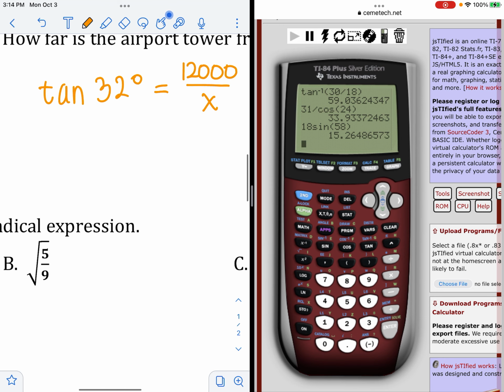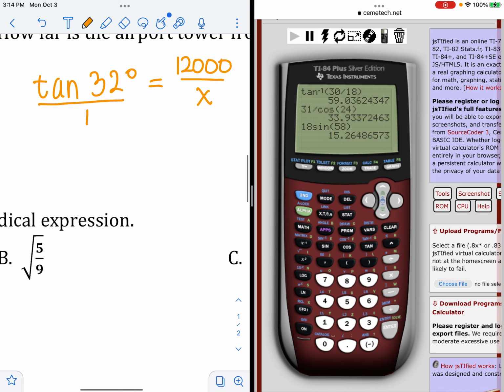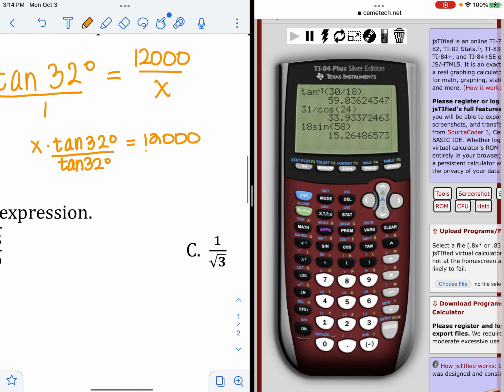Solving for X in the fraction. So I'm going to put my trig function over 1 and cross multiply. I have X times the tangent of 32 is equal to 12,000. And then to get X by itself, I'm going to divide both sides by tangent of 32. Put that in my calculator. 12,000 divided by tan 32.